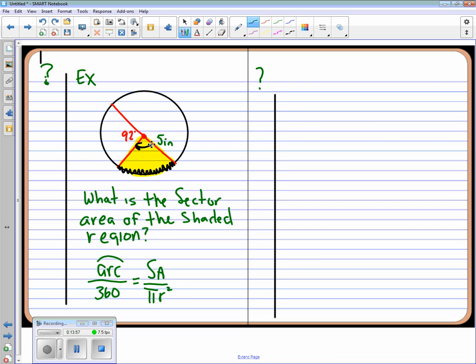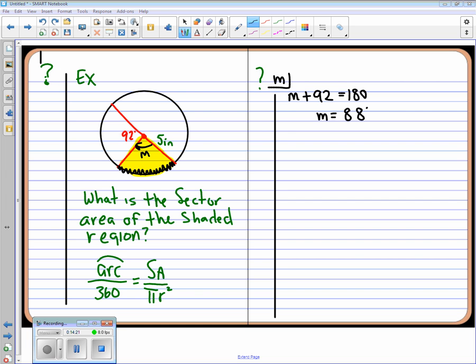Okay, it's not just any arc measure, it's the one that applies to the sector that we're looking at. So that's not too hard to find. Let's just call that missing angle M for Mr. Munson. The two angles, the 92 and M, have to add up to be a straight line. So the measure is equal to 88.